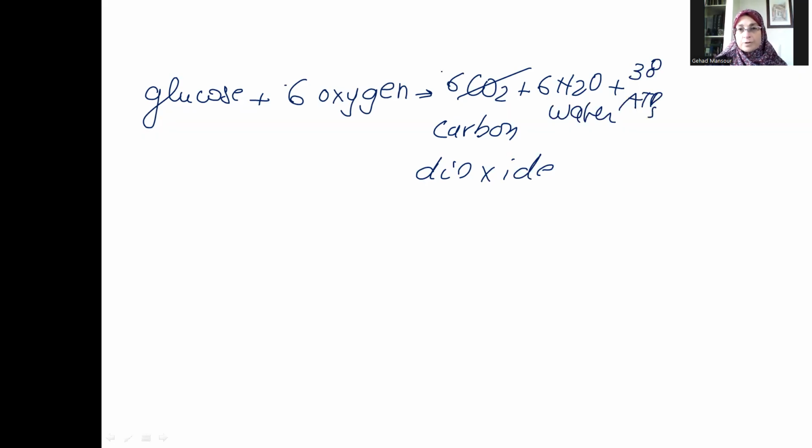And now let's calculate how the 6 carbon atoms have been obtained.